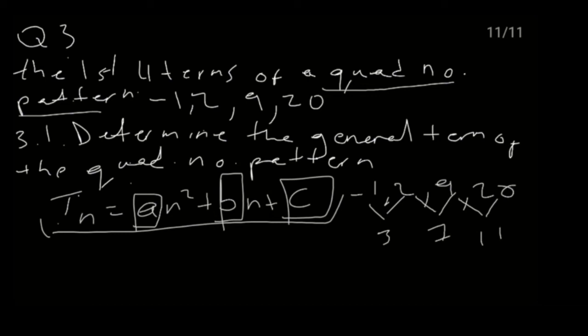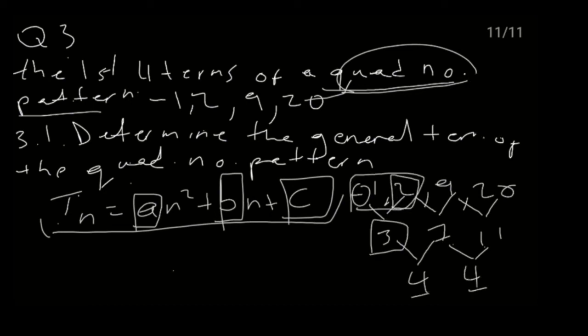They are not constant, meaning, remember again, they are not constant because we're dealing with a what? Quadratic number pattern, meaning you need to find your second difference. In this case, it's 7 minus 3, which is 4, and then 11 minus 7, which is 4, right?